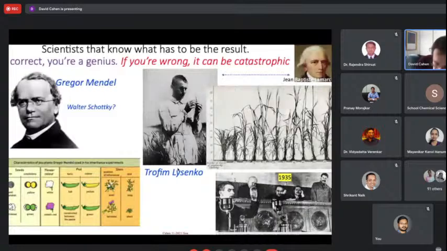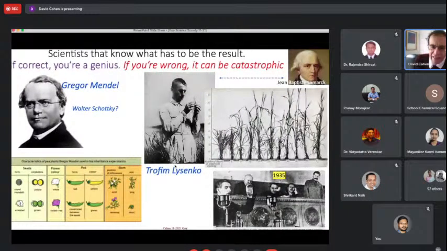And that combination, or anything like that, was not there with Mendel or Schottky. It shows you how dangerous it is to mix religion and science. Why do I dare to say religion? Because in some ways, communism is a religion.